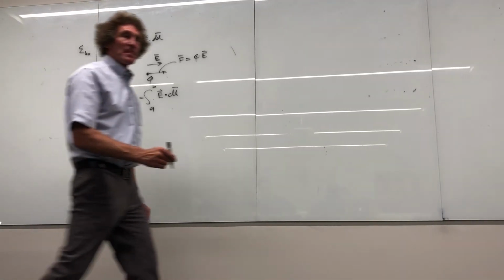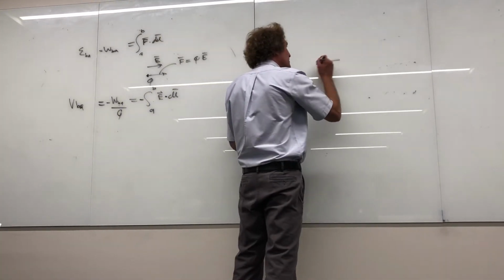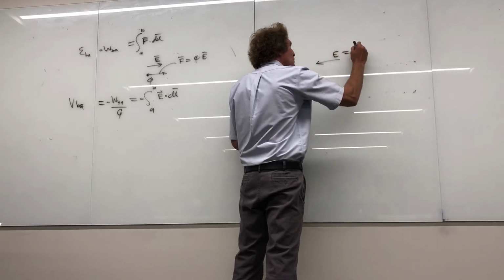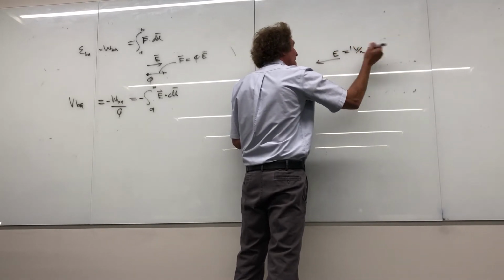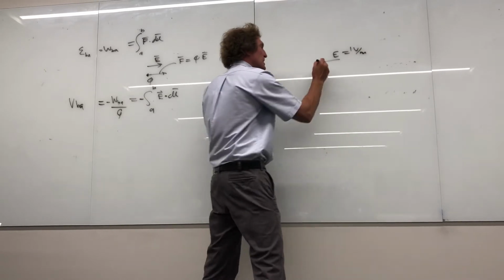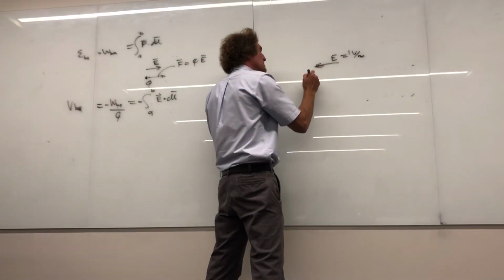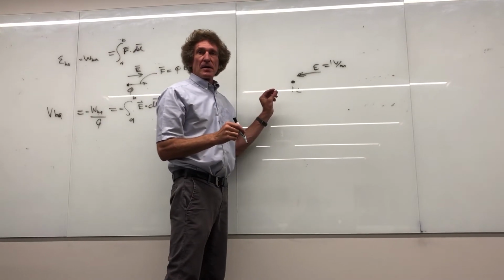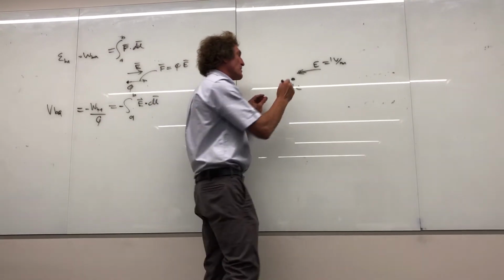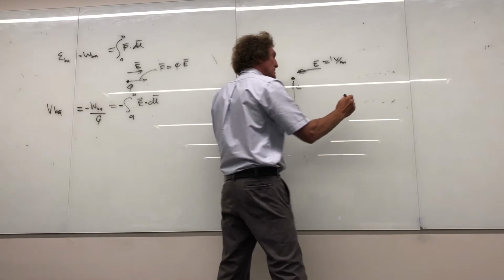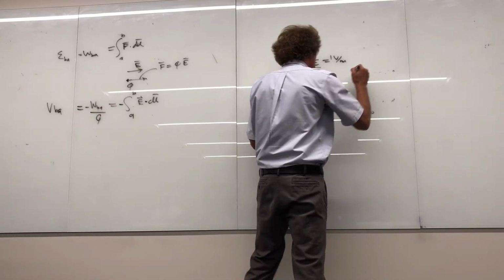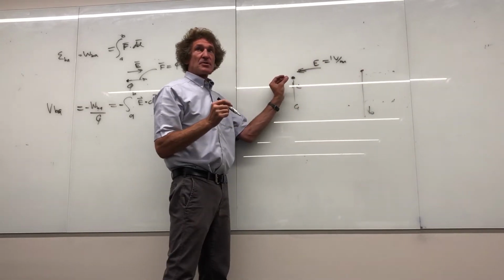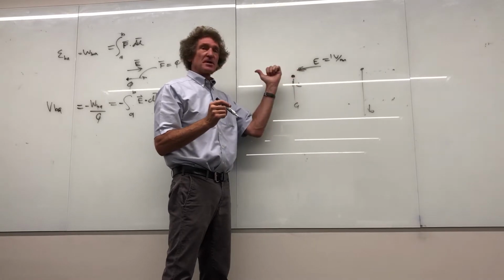For instance, if I had an external field in this direction, say it's 1 volt per meter, just say it's horizontal, and I have a charge of 1 coulomb here. And if I move it from this point, call it A, to this point B, you'll notice I'm moving against the field. The field's pushing it this way, right?